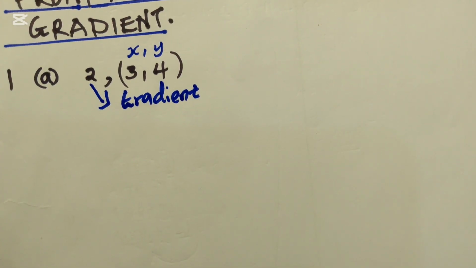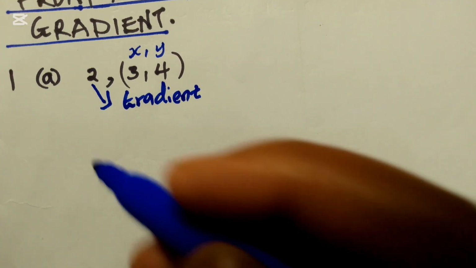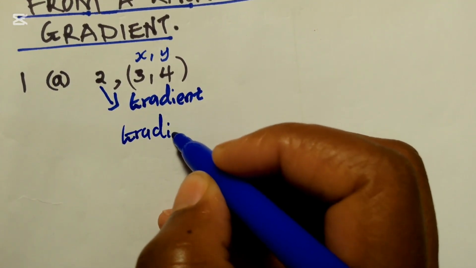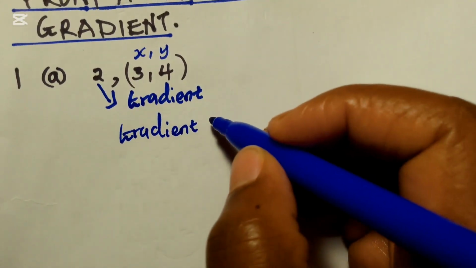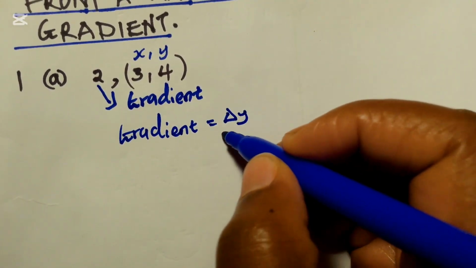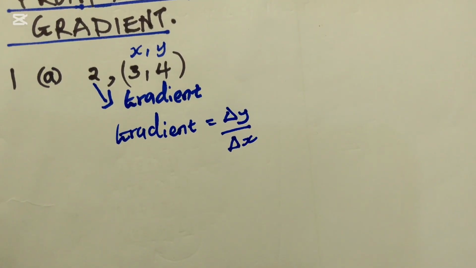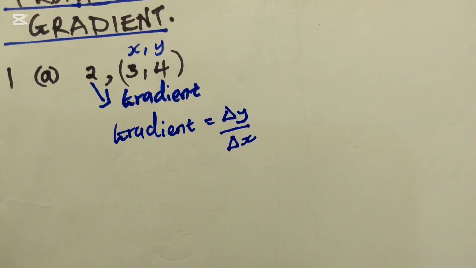So we know that gradient is given by change in y over change in x. We only have 1 point here, 3, 4. So how are we going to get the gradient when we don't have another point?